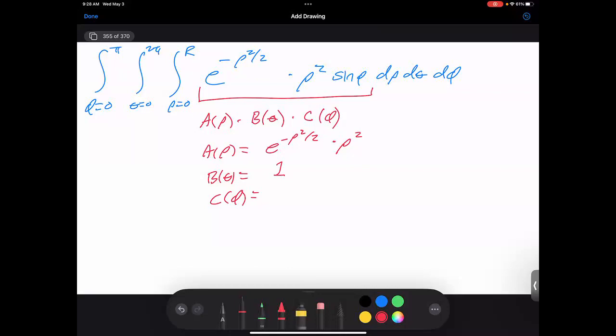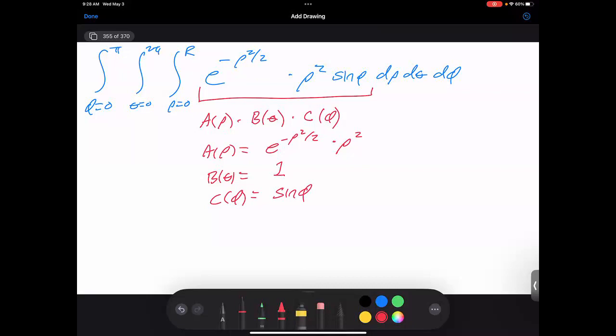Sine of, sine of what? What would c of phi be? Sine of, you have to speak loudly. Sine of phi. And so I can write it as 3 functions that don't see each other.